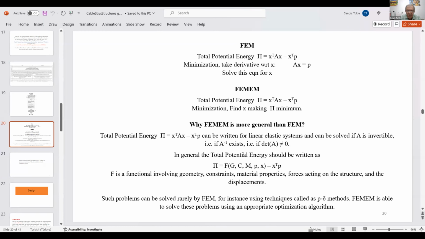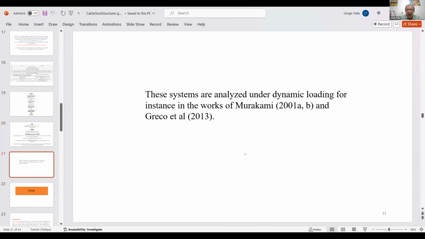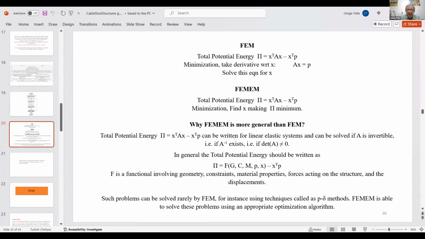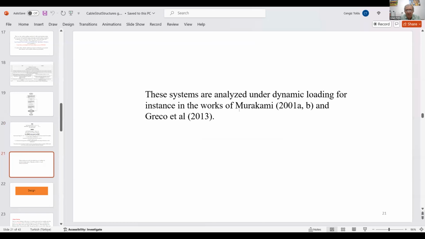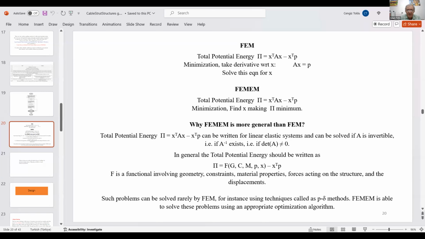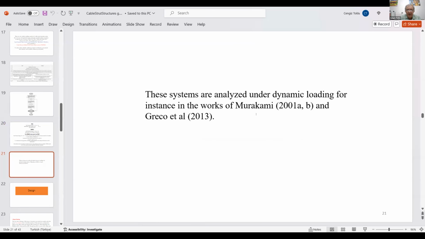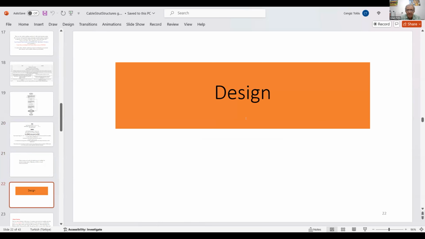So we can solve these problems by the finite element method with energy minimization. This is a new application. Now, of course, this is for static analysis. For dynamic analysis, we have other methods to be applied.